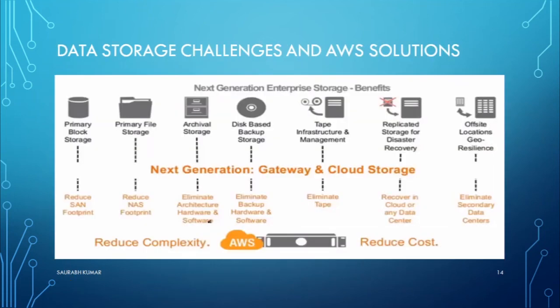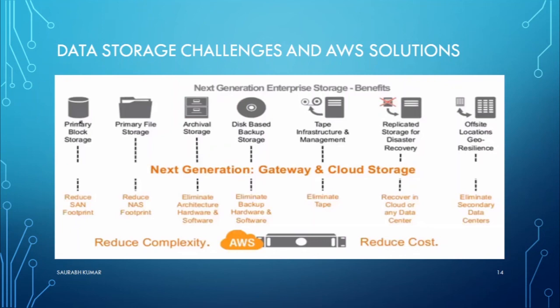Then the last slide for today's lesson is where I have tried to bring together what the basic data storage challenges were, or even if they were not challenges, what the traditional methods were, which have been replaced by AWS solutions.